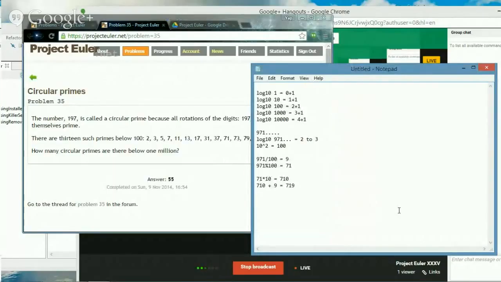So if I want to formalize it, then I would use first equals to first divisor. We make the divisor first. So we put the log 10 value here.